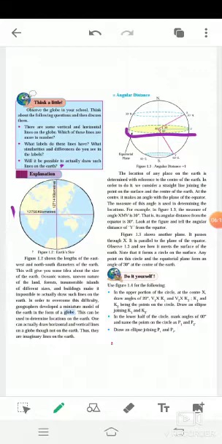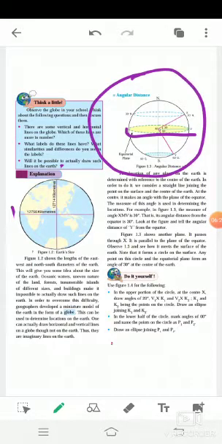They have drawn an angular distance diagram. The location of any place on the earth is determined with reference to the center of the earth. Now, if you want to find any location on the earth, you have to determine it with reference to the center of the earth.